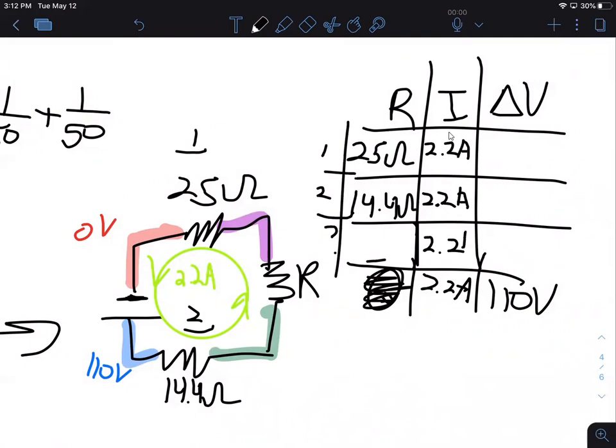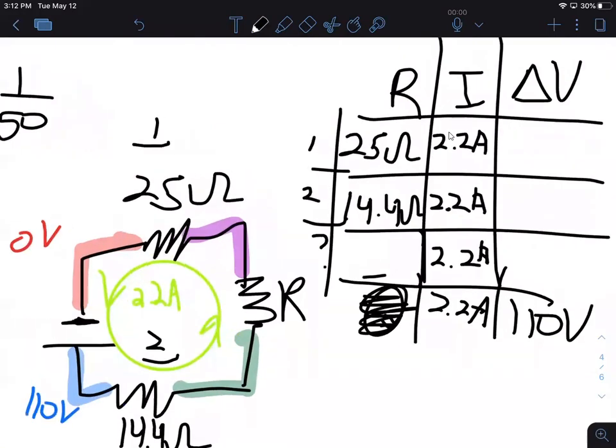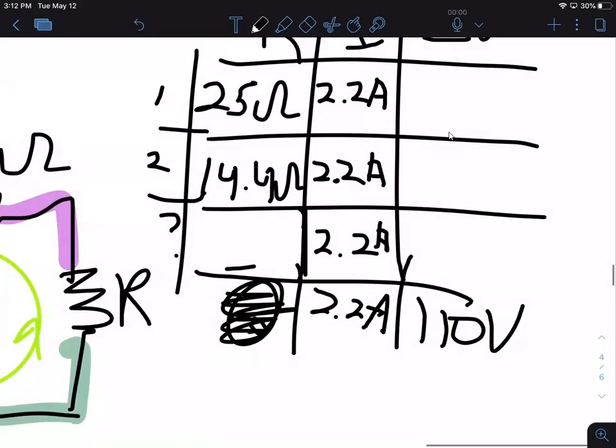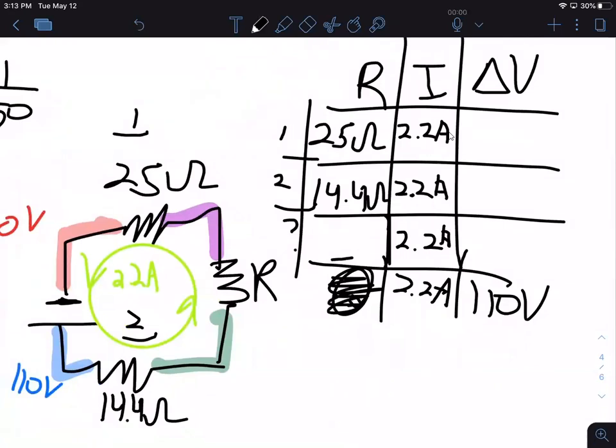Mr. Horsley will turn over in his sleep if he knows I'm not putting units on things here. All right, now two things. I know R, I know I. 25 times 2.2. That's 25 times 2 is 50. So this is 55 volts.